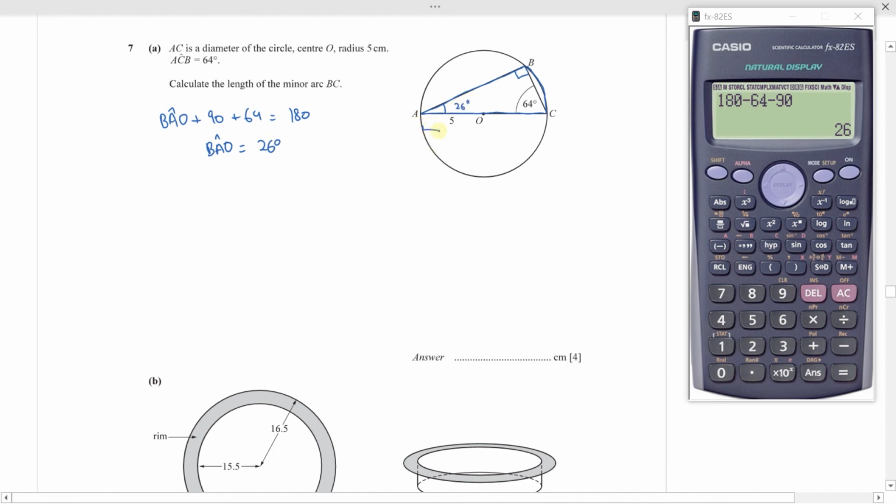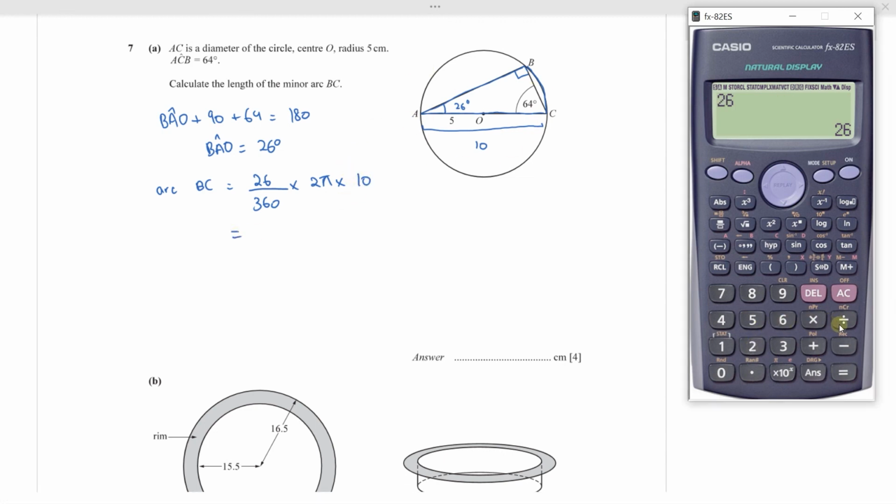Now if we take this as the radius of this sector BAC, then arc BC will be 26 degrees over 360 into 2 pi r. Now this r is 10, which is the diameter of this circle here, so you multiply it by 10.